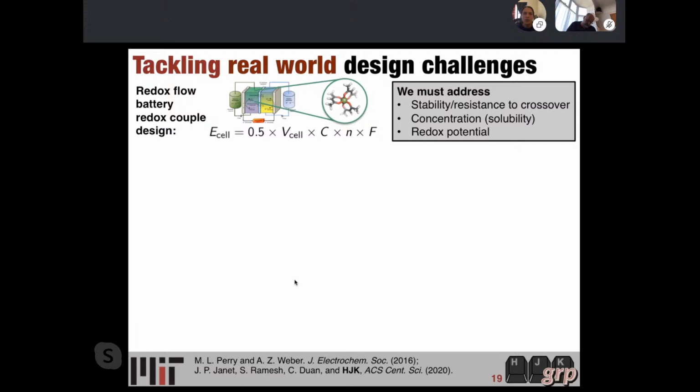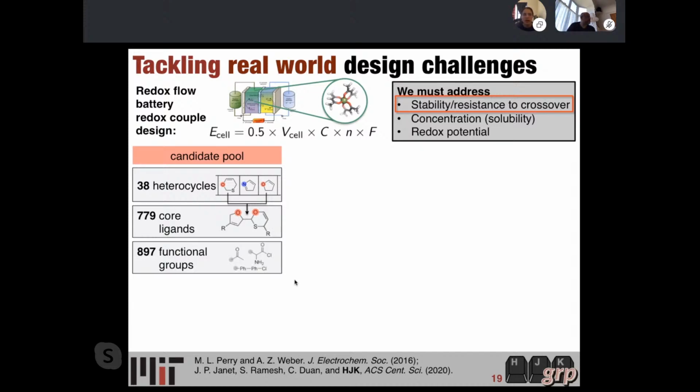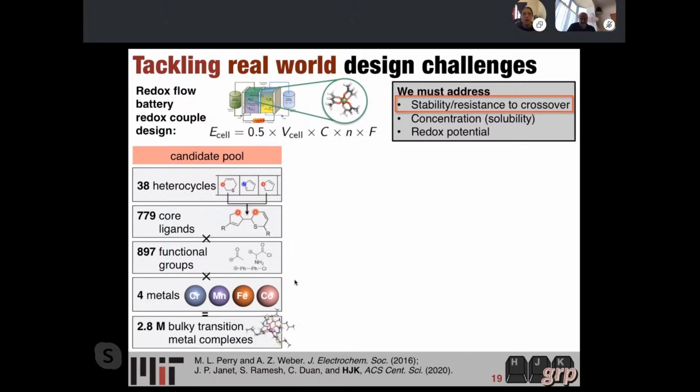And so we addressed the stability and resistance to crossover challenge by designing a totally new, for us, candidate pool. Just to give an example, we had around 38 heterocycles that were systematically fused together to form 779 possible ligands, added around 900 functional groups, and combined that with 4 metals. The result is we ended up with a space now in the millions, about 3 million candidate bulky transition metal complexes.